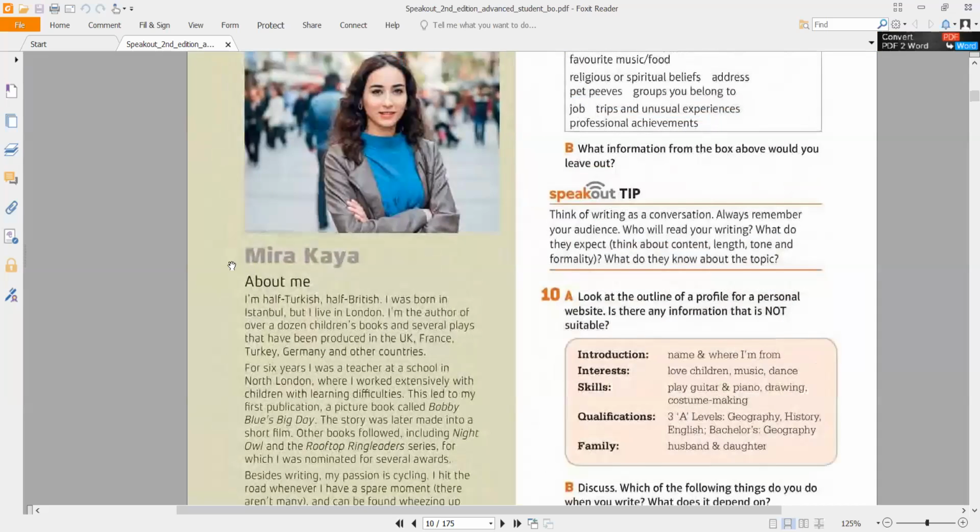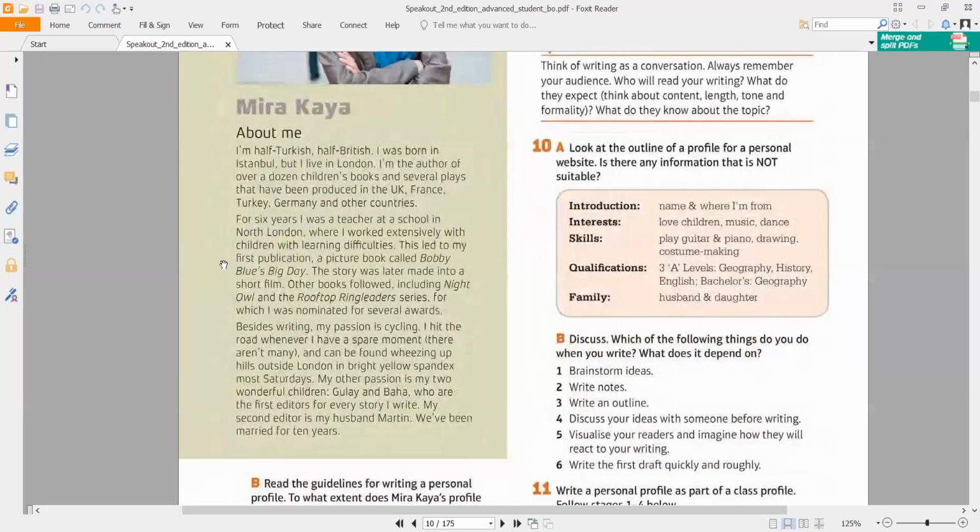For 6 years, I was a teacher at a school in North London, where I worked extensively with children with learning difficulties. This led to my first publication, a picture book called Blue's Big Day. The story was later made into a short film.